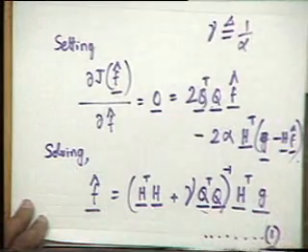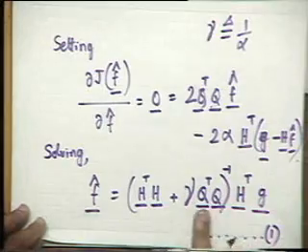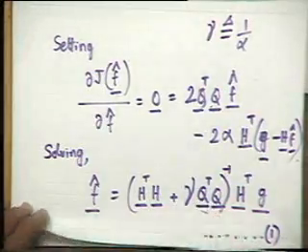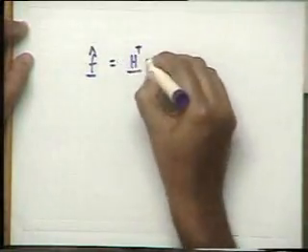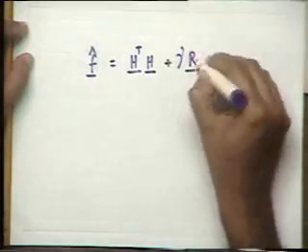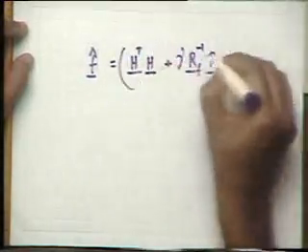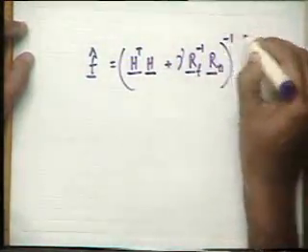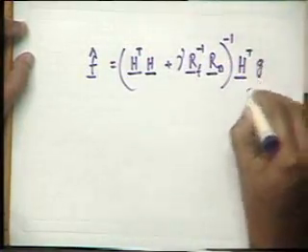So now I am going to rewrite equation number 1 by substituting RF inverse Rn in place of Q transpose Q. So what I will now write is f hat equals (H transpose H plus gamma RF inverse Rn) this whole thing inverse, H transpose G.